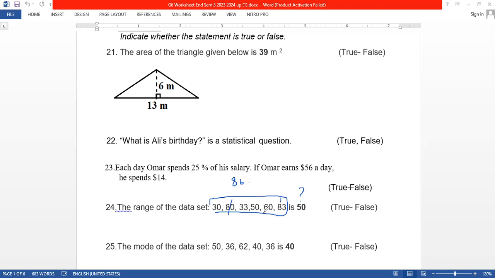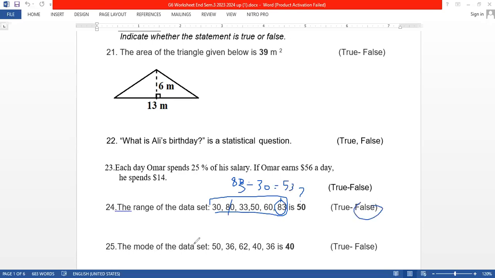We have 83, yes. So be careful, guys, about this issue. The greatest value, check them one by one, is 83 minus the least value. The least value is 30. So 83 minus 30 is not 50, it's 53. So the range is wrong here.